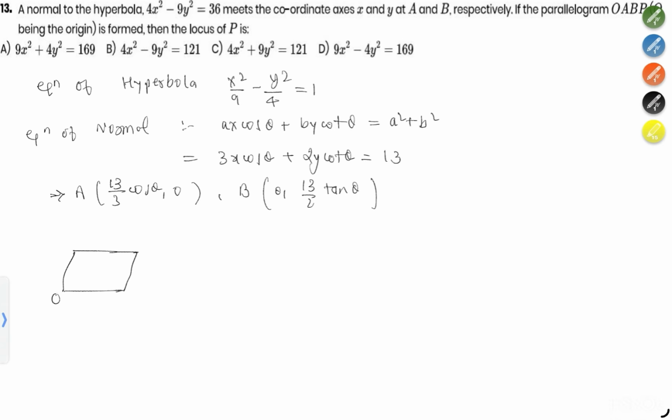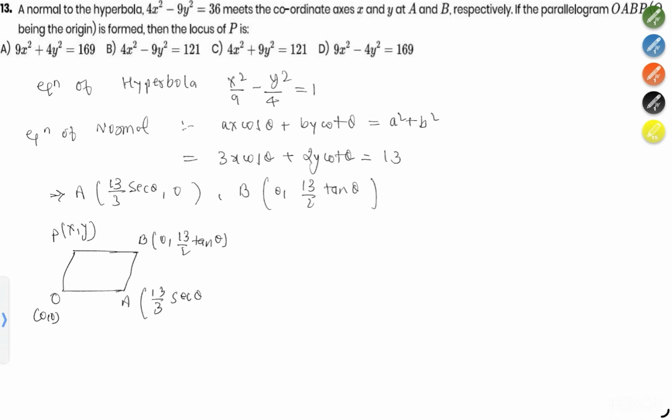Regarding this parallelogram, this is the origin 0 comma 0. This point is A, 13 by 3 sec theta. This is sec theta, not cos theta. This is B, 0 comma 13 by 2 tan theta. And this point is P that we have to find. Assume it is x comma y.